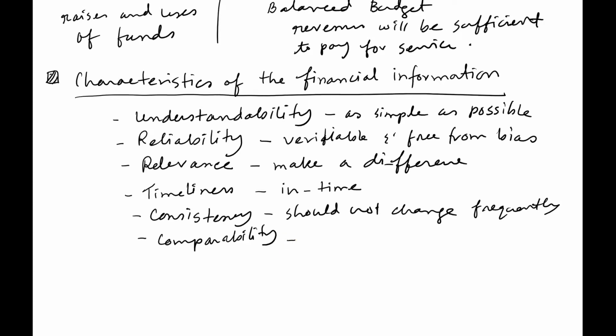Comparability means you can easily compare one report to another. That means it could make a difference to users, and they can understand all those transactions and structures. So it's easily comparable.